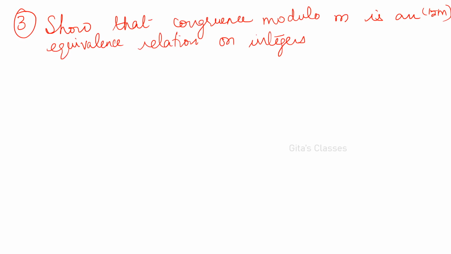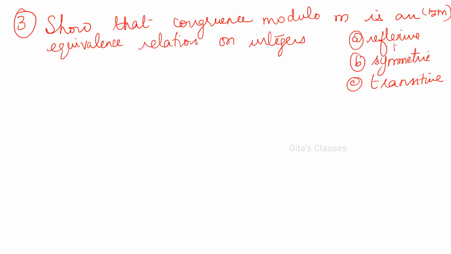Now, we have to prove that congruence is an equivalence relation. Equivalence relation means what? You have to prove that, first condition, it should be reflexive, second condition, it should be symmetric, and third, you have to prove that it is transitive.